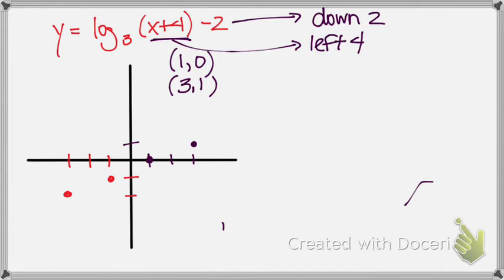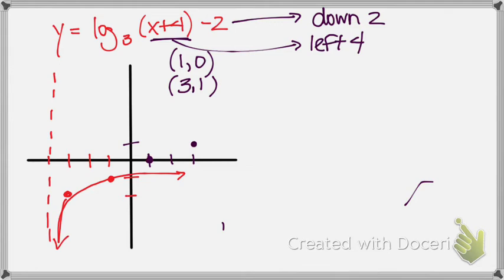The left 4 or the down 2? The left, right? Because what kind of asymptote do I have on a log graph? Vertical. So think about a vertical line. Does up and down move a vertical line, or does left and right move a vertical line? Left, right. So that left 4 moves it here. So this is very similar to the exponential graphing, just kind of sideways.